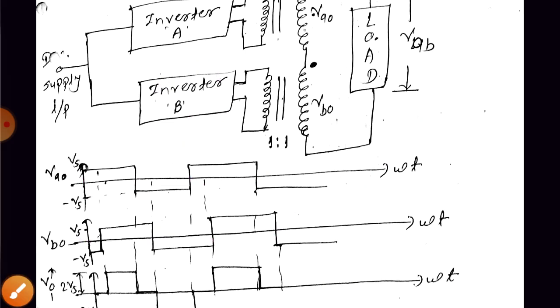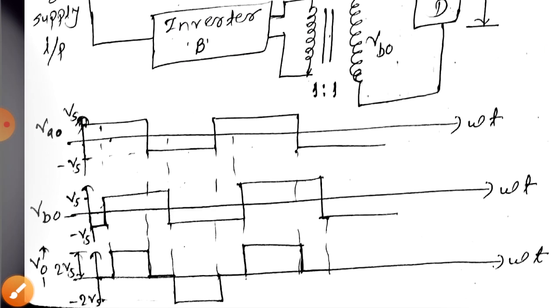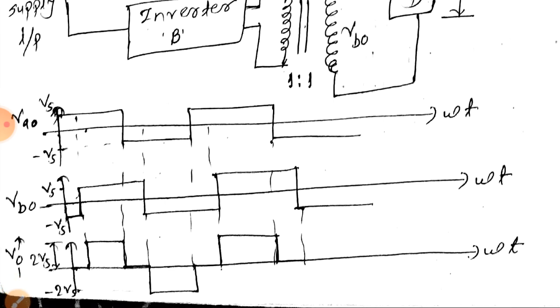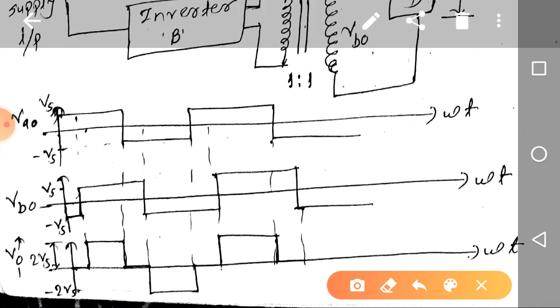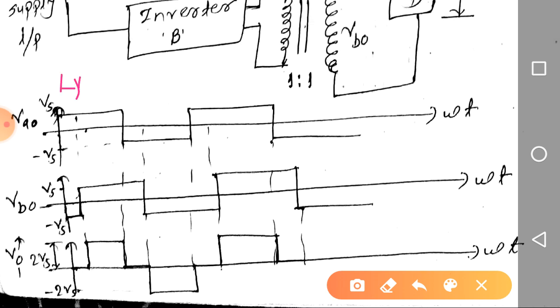So we have operated the switches in inverter A and inverter B in such a way that there exists a phase displacement of angle theta between the two inverters.